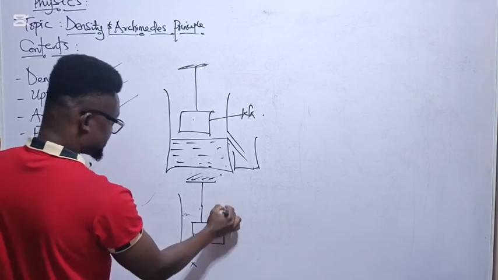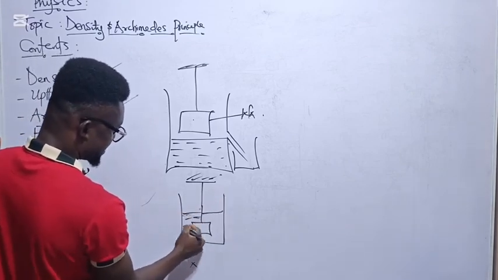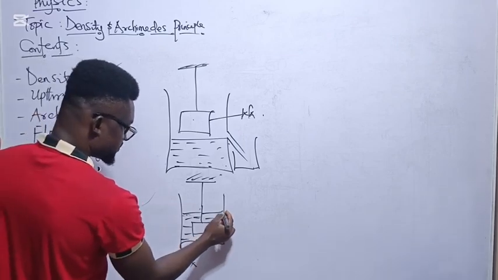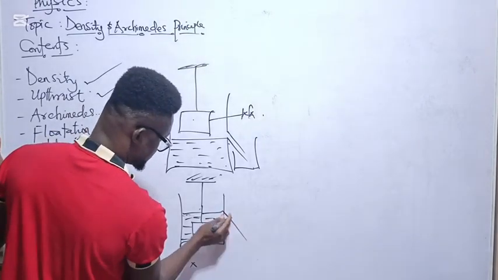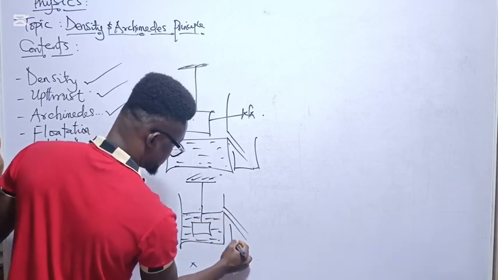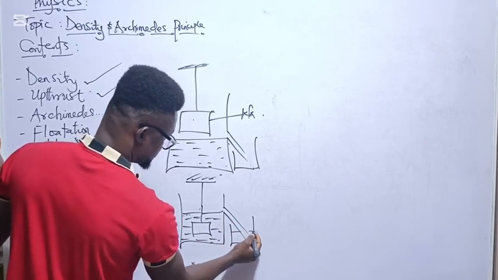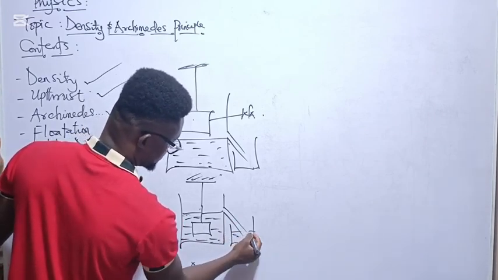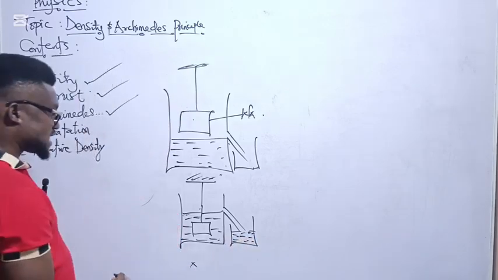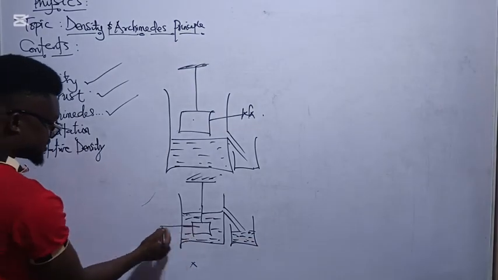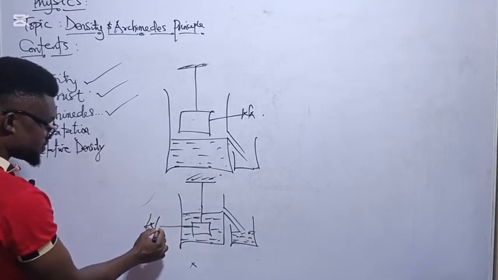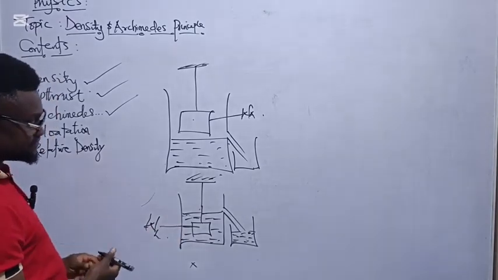Now, when the mass is immersed in that liquid, look, the mass has been immersed, so the weight of this mass will now be what? The weight in a liquid.